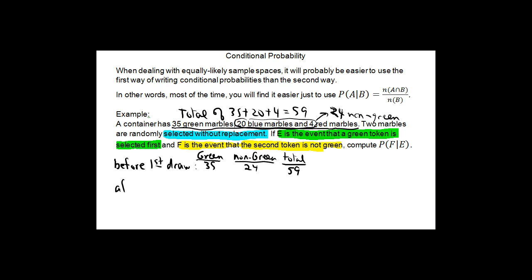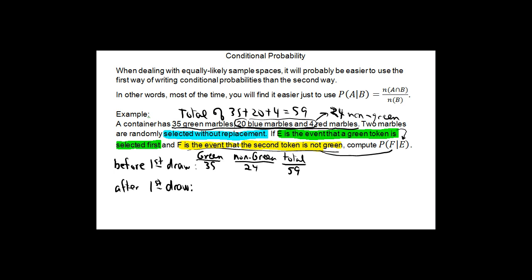Now what happens after the first draw? After the first draw, well, let's see. What did it say? The event F is that the second token is not green. So if the second token is not green, I want to calculate the probability of F given E. So that's the probability that the second token is not green, that's the F, given that the green token is selected first.